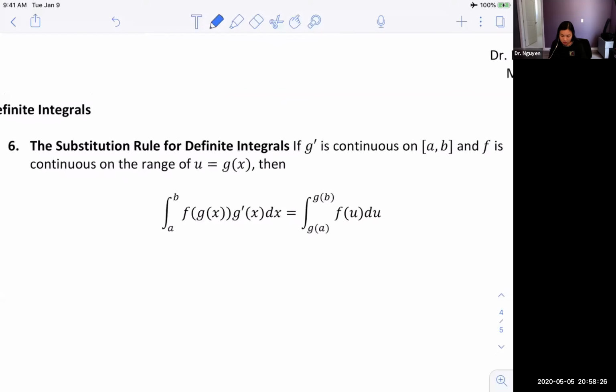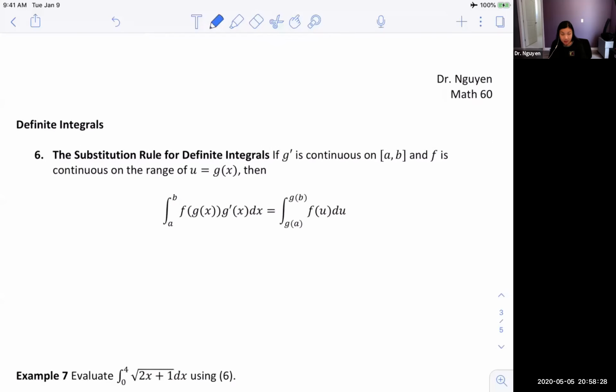Okay, so for the definite integral, you also have a substitution rule, but notice that you go from a to b, and when you plug in the function for u equals g of x, you're going to have to change it to g of a and g of b right there.